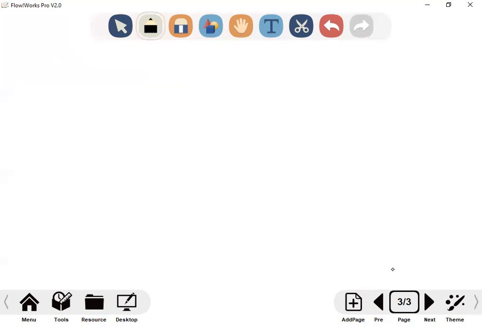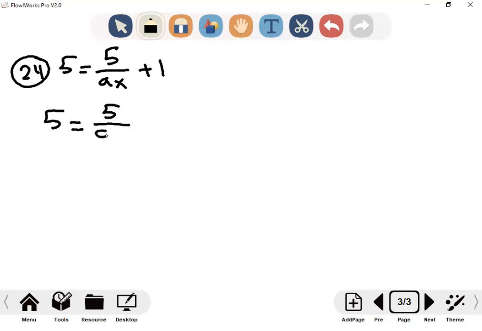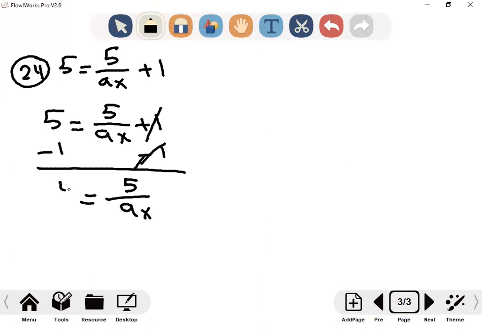24. You can watch the video, guys, if you want to copy these exercises. 24: 5 equals 5 over ax plus 1. First step, we need to get rid of plus 1. So here, 5 equals 5 over ax plus 1, minus 1 on both sides. Here, 5 over ax equals 5 minus 1.